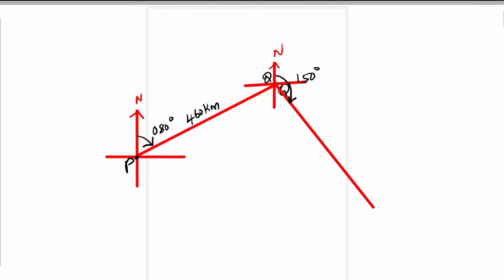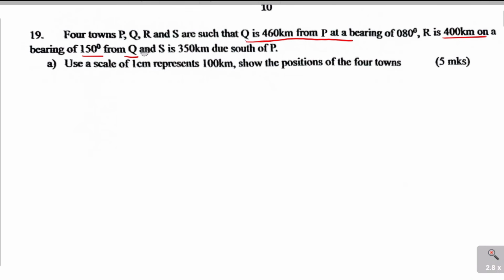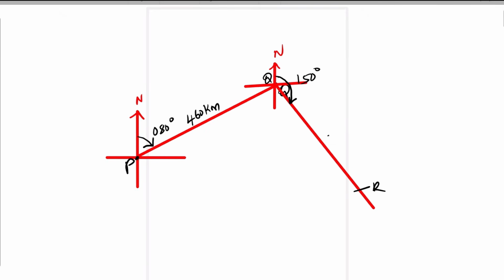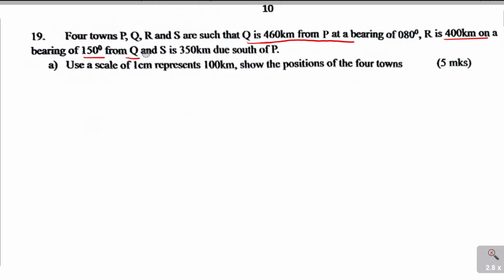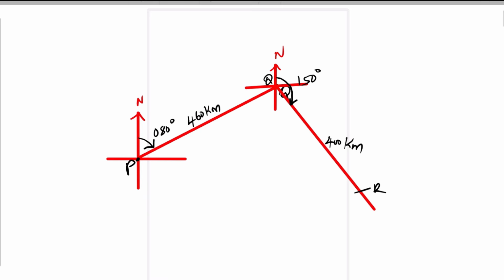Remember that was Q. So R will be somewhere there. And the distance, R is 400 kilometers on a bearing of 150 from Q. That is what you have represented. Then S is 350 kilometers due south of P. So due south of P, we shall only extend what we have here. Due south means directly south.